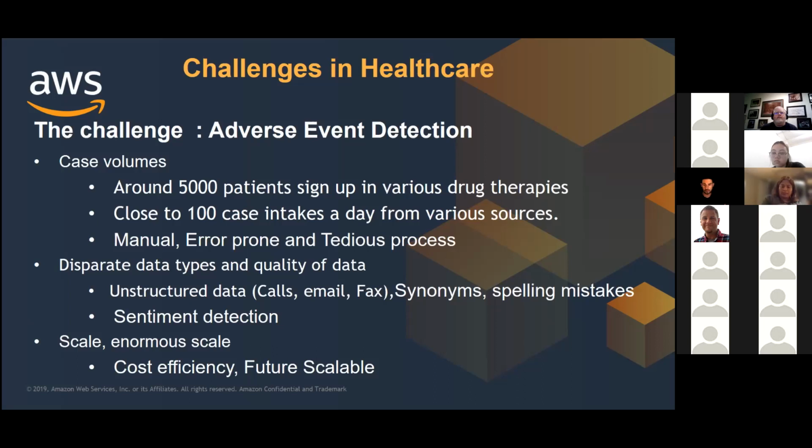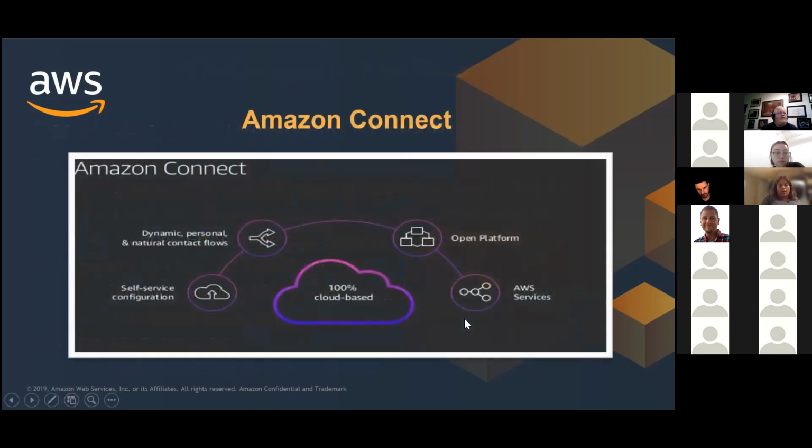Going on to the next slide. All right, so the first AWS service being used is Amazon Connect. It's not necessary that we need Amazon Connect; it's just because this is something I developed from scratch. This was used as a call center solution.